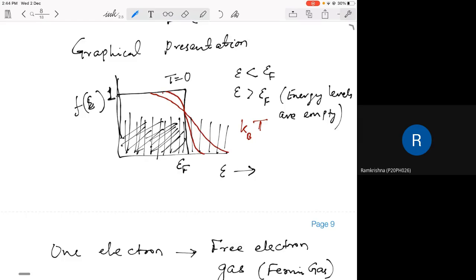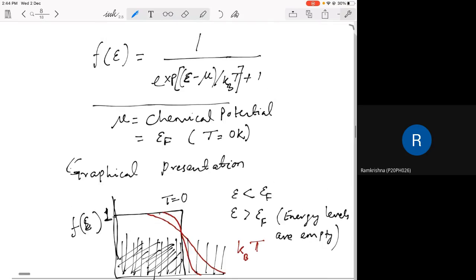But as you see here, the electrons are also occupying energy levels above, like when you have at a finite temperature. So electrons can occupy energy levels which are higher than the Fermi level. So normally you don't define a Fermi level, rather that's why we have this chemical potential.